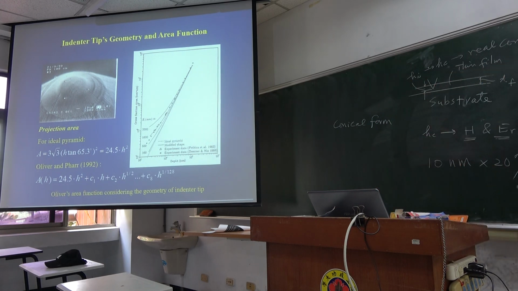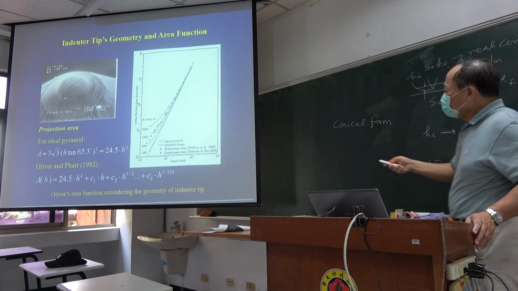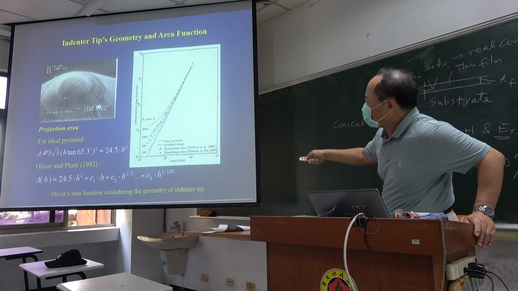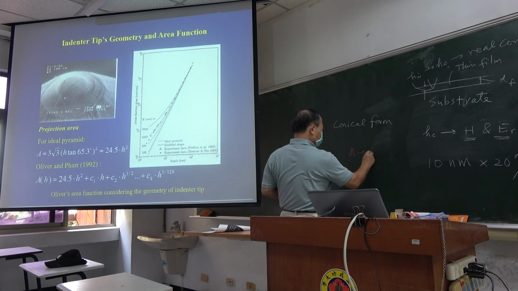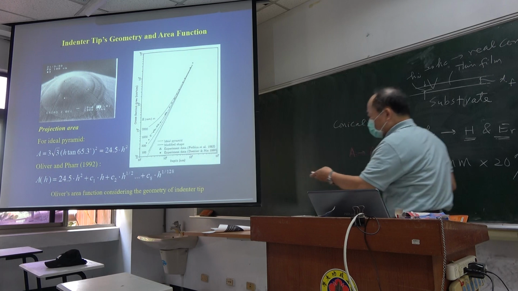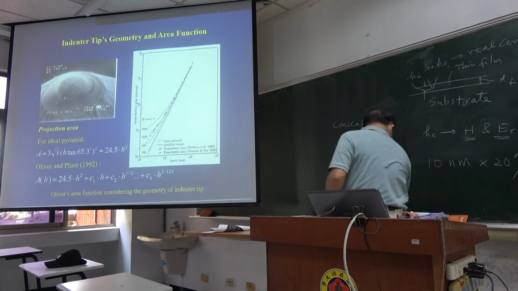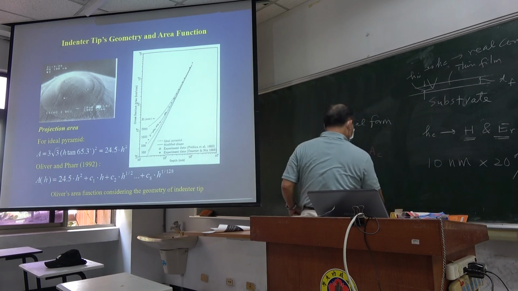If it's a conical form, ideal Berkovich indenter, our real contact area A changes to be the AC, and here H is just HC.